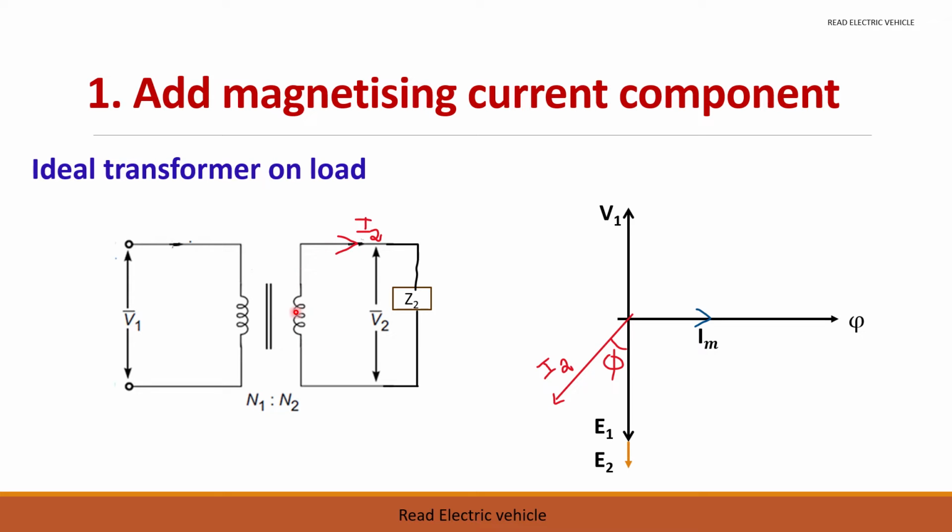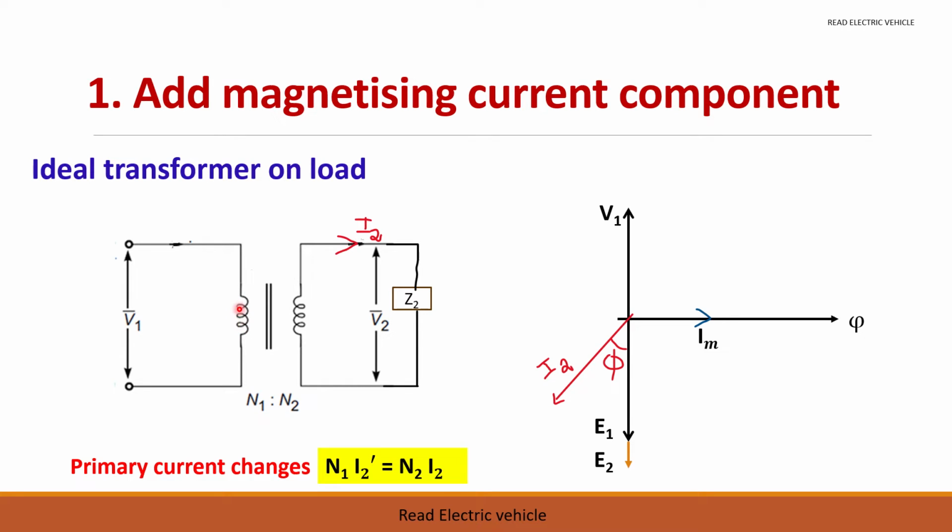So when an MMF is developed, a flux will be created, and this secondary flux will be opposing the main flux, the mutual flux. So the primary has to draw more current to compensate the demagnetizing effect of the secondary flux. This N2 I2 should be compensated by a primary current.